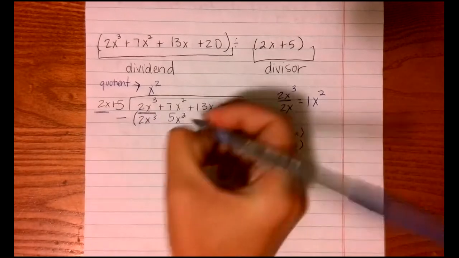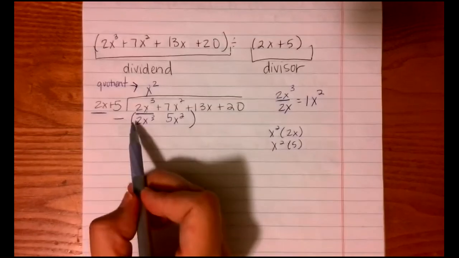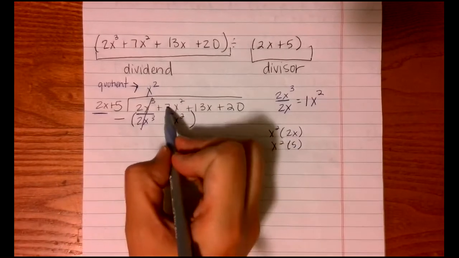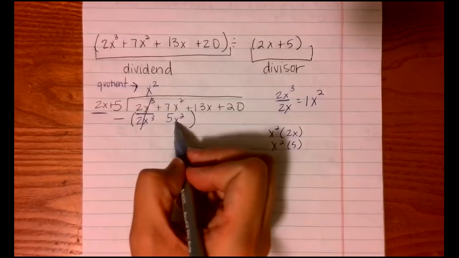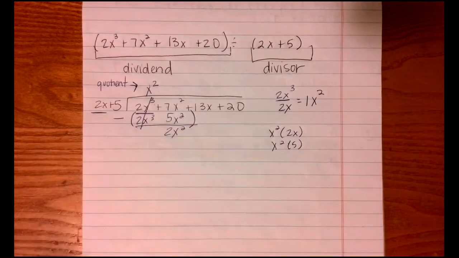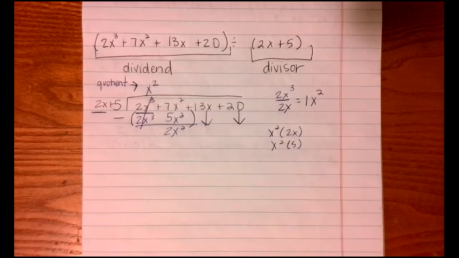And then you subtract all of it. So you subtract 2x cubed minus 2x cubed, which goes away. 7x squared minus 5x squared is 2x squared. And then you can bring down anything you haven't used yet.